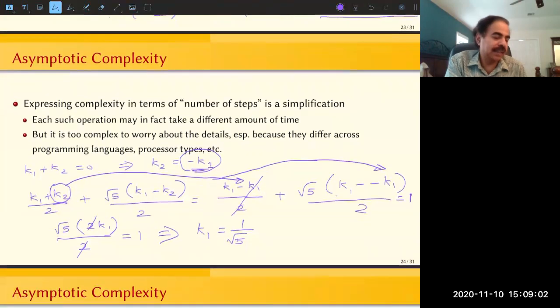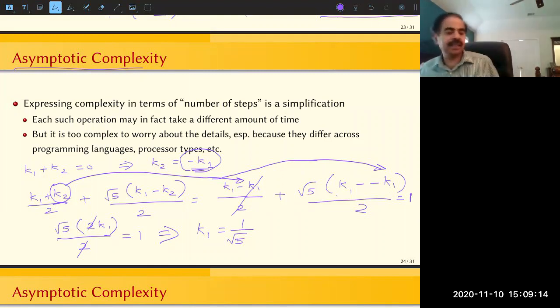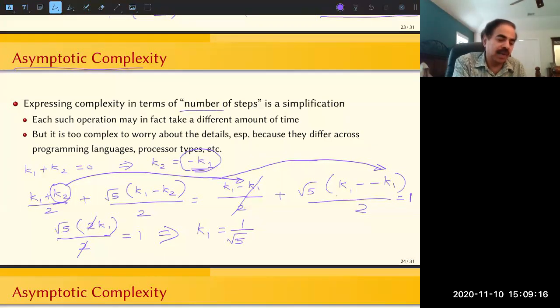So before we do that, it's useful to talk about asymptotic complexity, which is a concept that comes up in algorithms, right? So the basic idea is that when we were talking about the runtime of the towers of Hanoi problem, we were reducing the runtime in a sense to the number of steps involved, right?